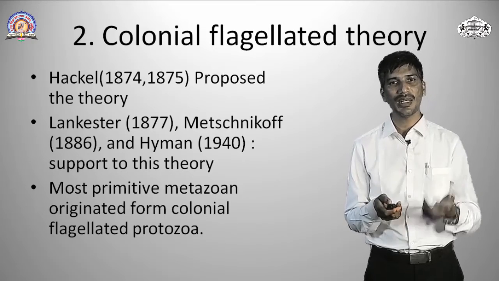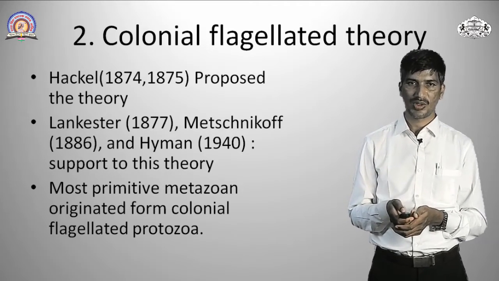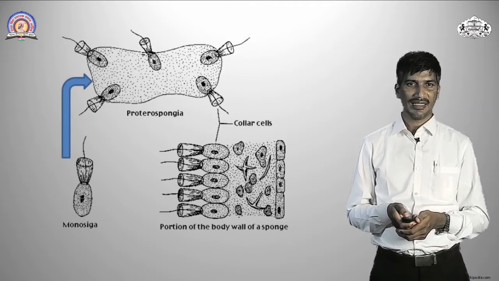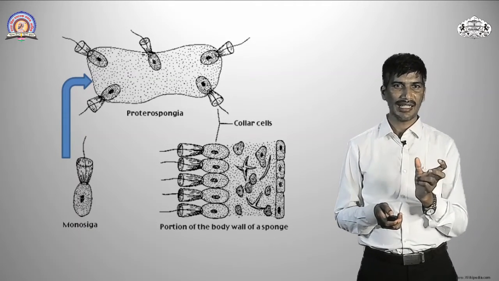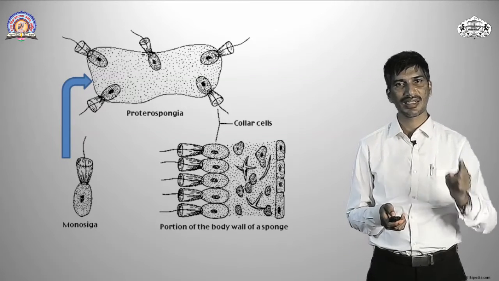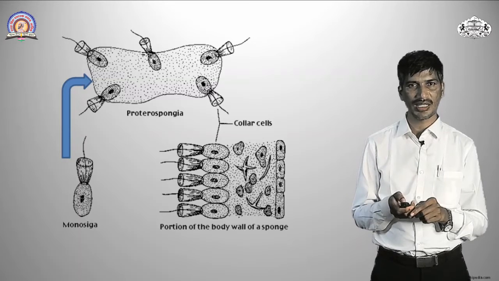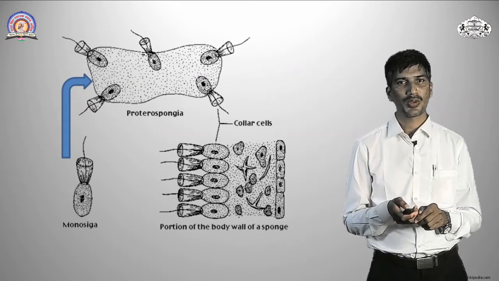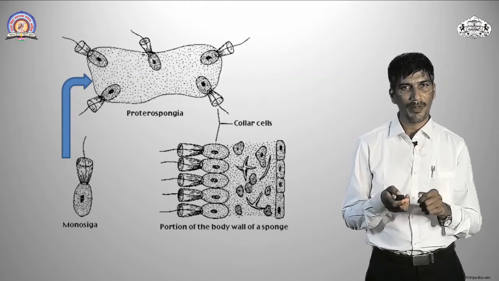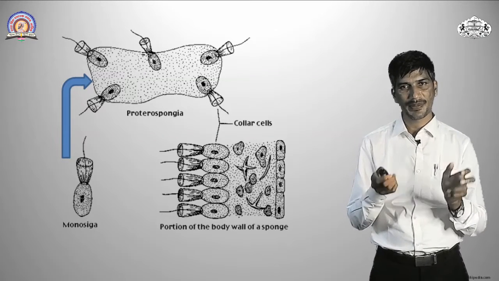primitive lineage of metazoan animal development. Here in the picture we observe a single-cell choanoflagellate cell. They come together and connect to each other. From the Proterospongia, the cells are arranged compactly one by one.